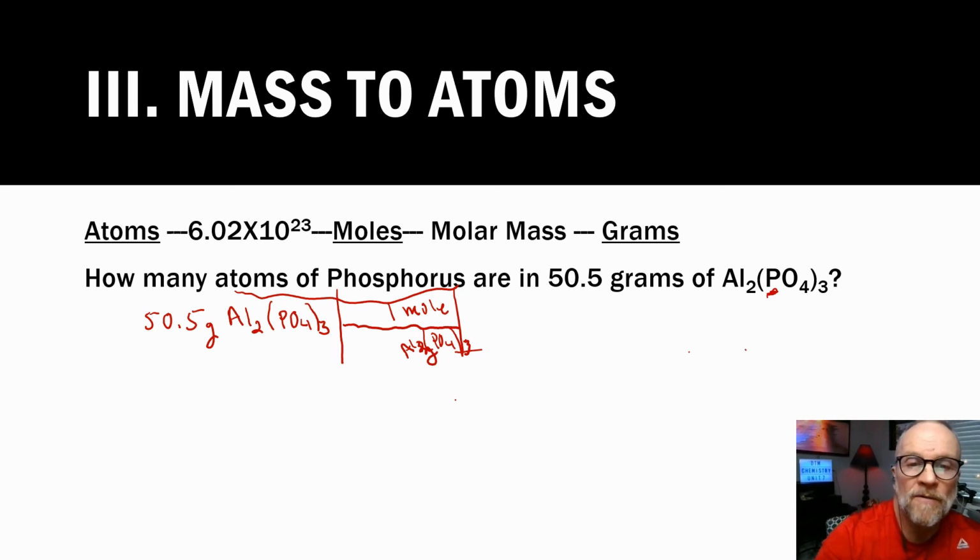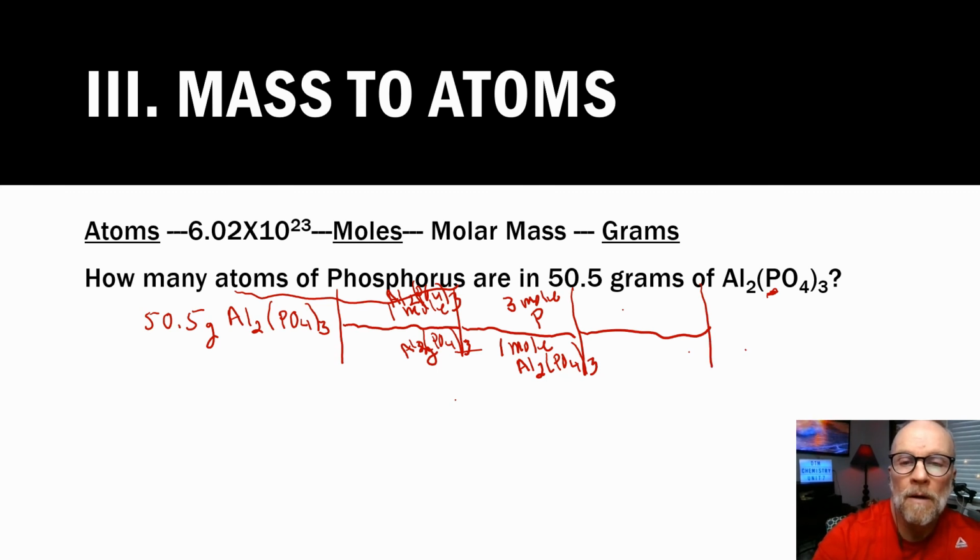For every 1 mole of aluminum phosphate, we have 3 moles of phosphorus. And then finally, for every 1 mole of phosphorus, we have 6.02 times 10 to the 23rd atoms of phosphorus.